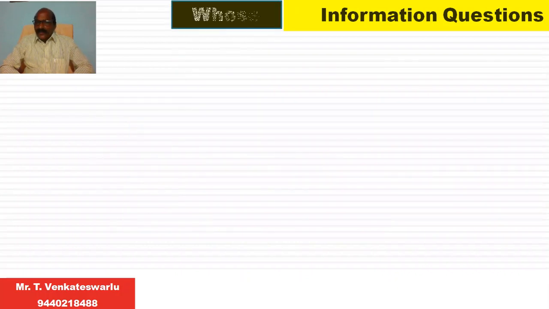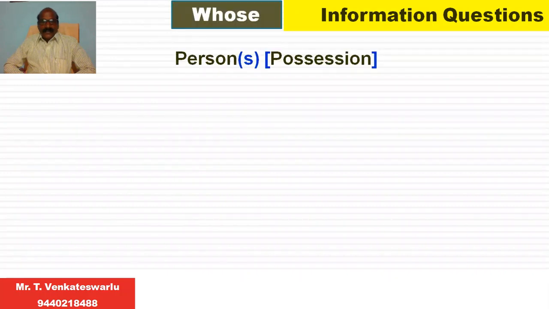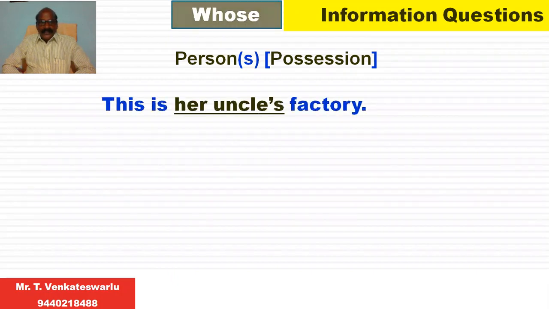And next question word, whose. This question word is used to refer to persons, particularly in the possessive case. It refers to some possession. For example, this is her uncle's factory. First, when we change it into a yes or no type question, the subject and the verb are inverted.